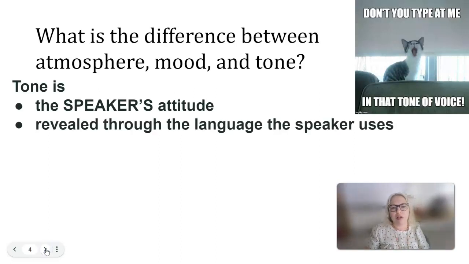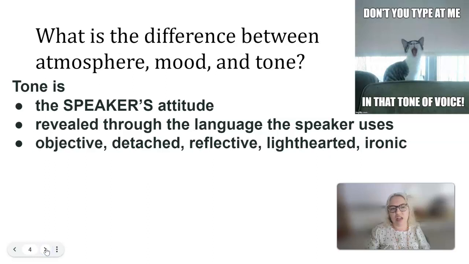The tone is revealed through the language that the speaker uses. So whatever specific things that they say, how they say it, all of those kinds of things. And you have to look carefully for those to identify tone. Some words you might use to define tone are objective, detached, reflective, lighthearted, ironic.